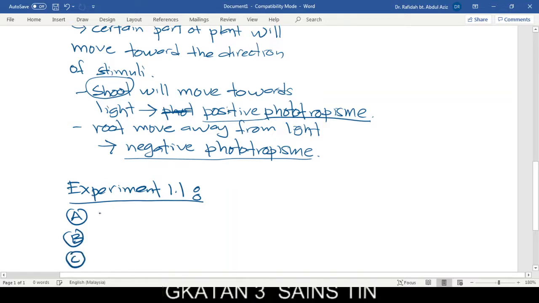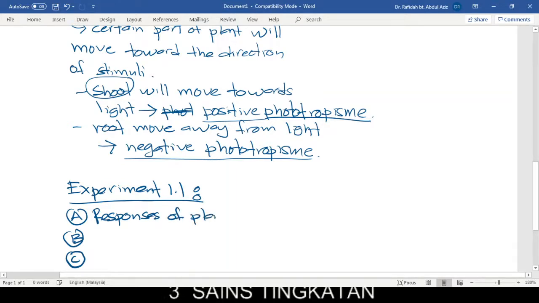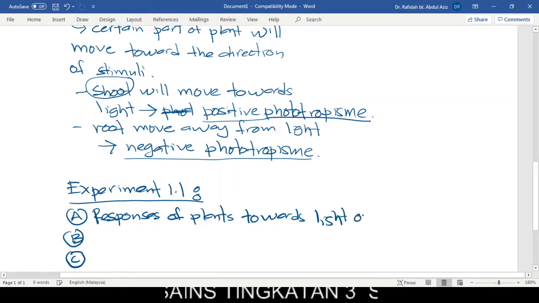In this experiment, for activity A, we will study responses of plants towards light, or we call it phototropism.